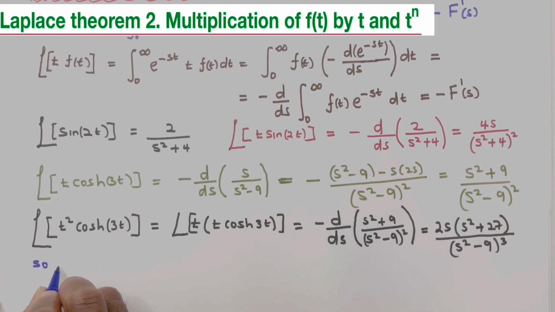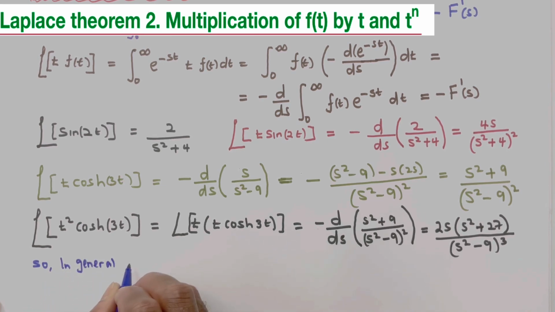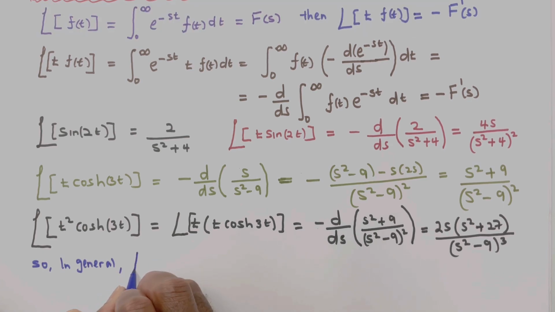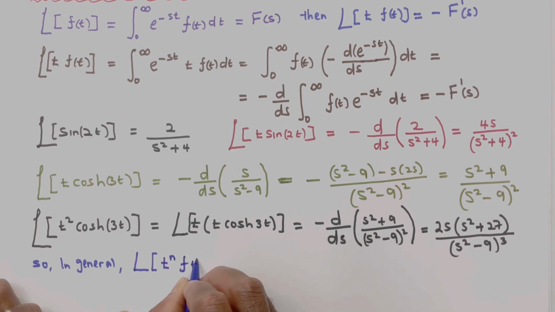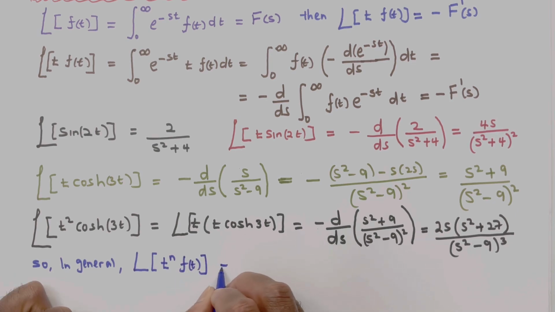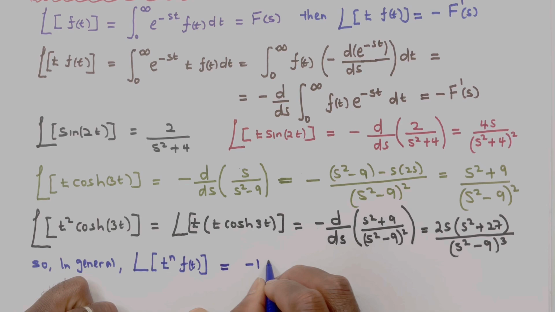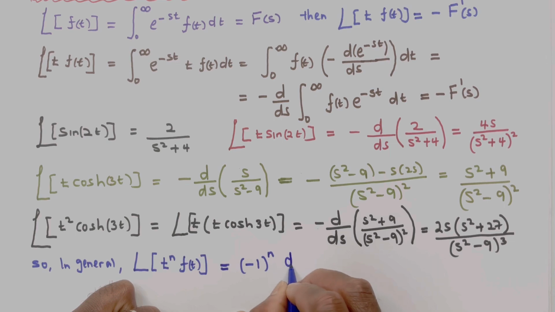So, finally, in general, we can write that the Laplace of t to the power of n, f of t, is equal to minus 1 to the power of n, derivative to the power of n with respect to s to the power of n, f of s.